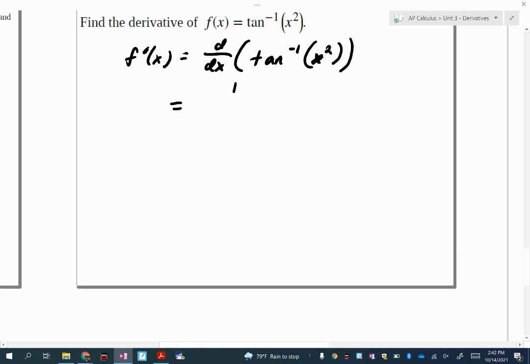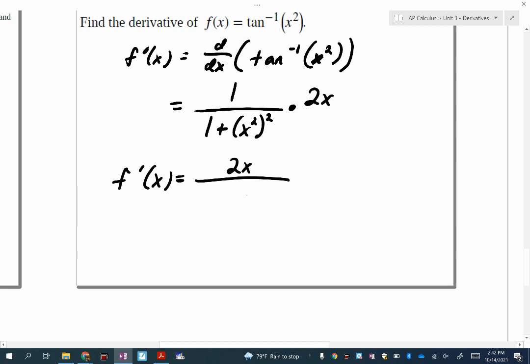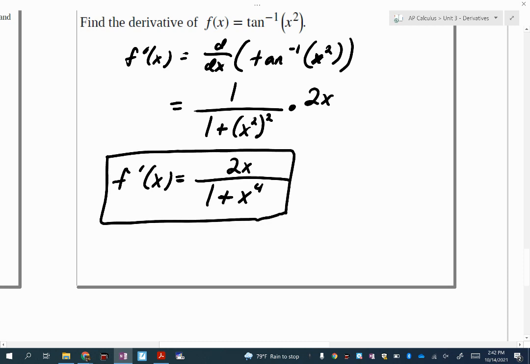So that's going to be 1 over 1 plus my argument, which is x squared, all of that squared. Okay, times, remember this is the chain rule, times the derivative of x squared, which is 2x. So the derivative of f of x is 2x over 1 plus x to the 4th power. Again, you'll just get good at using these formulas.